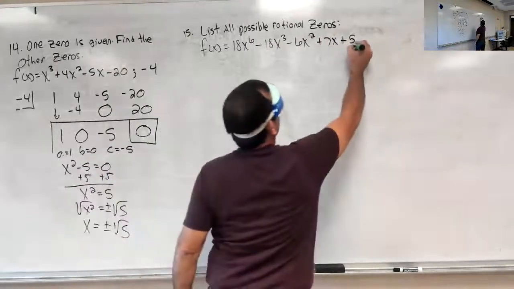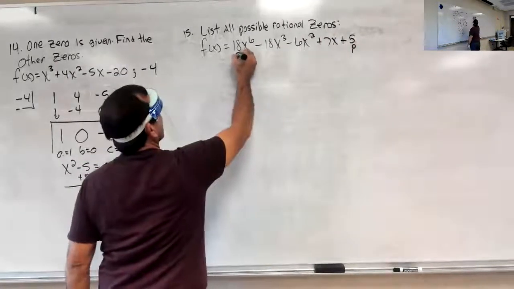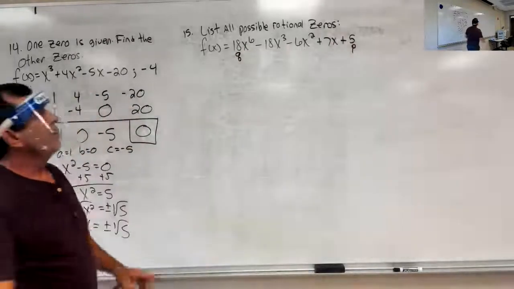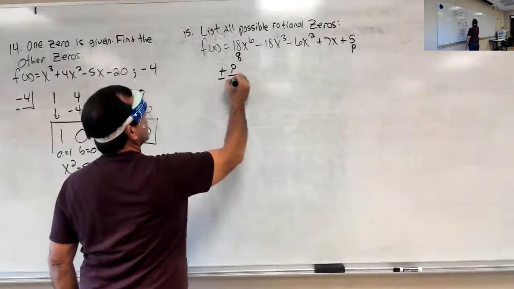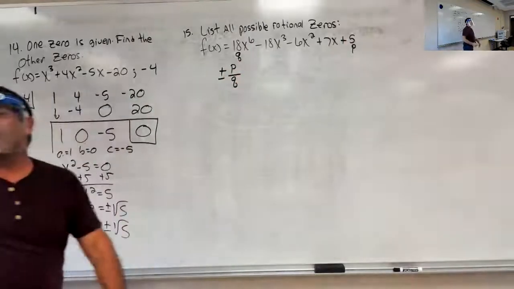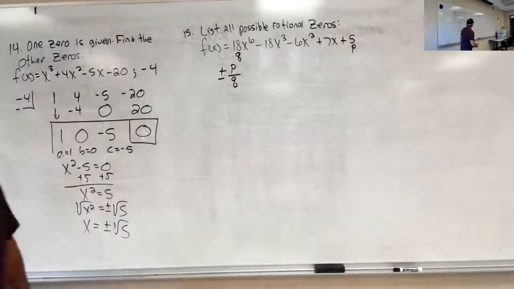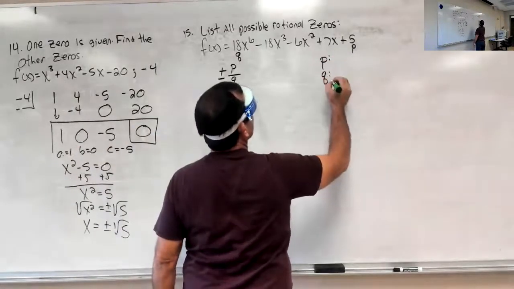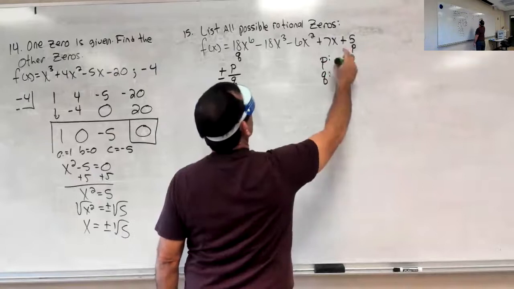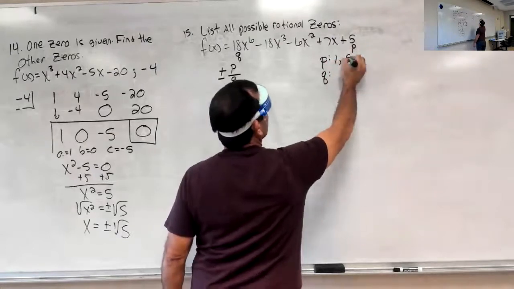So this would be my P and my Q. And remember, all the possible zeros are all the factors of P divided by all the factors of Q. So I have to figure out the factors of P and the factors of Q. So P is 5, that's just a 1 and a 5.